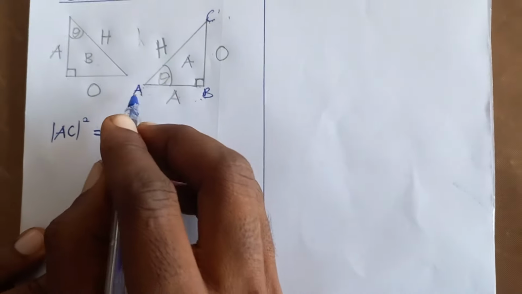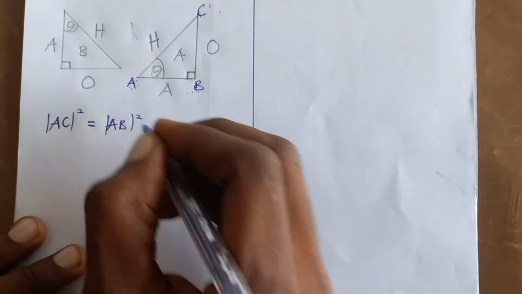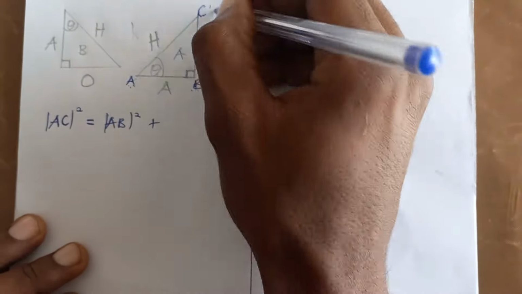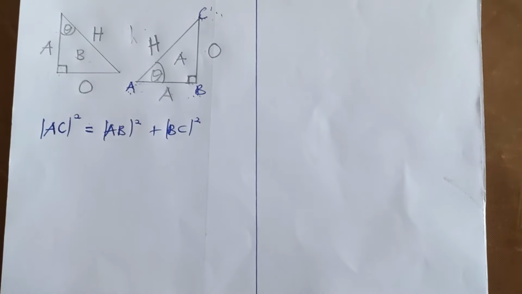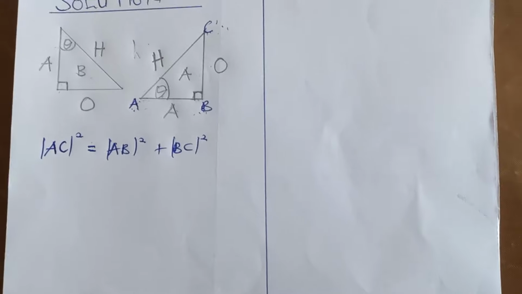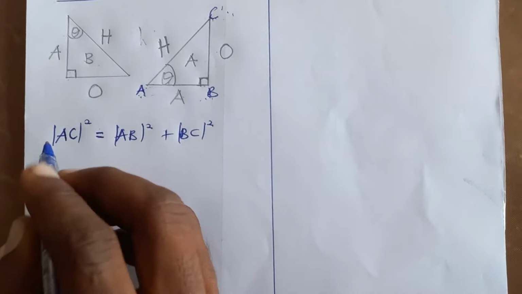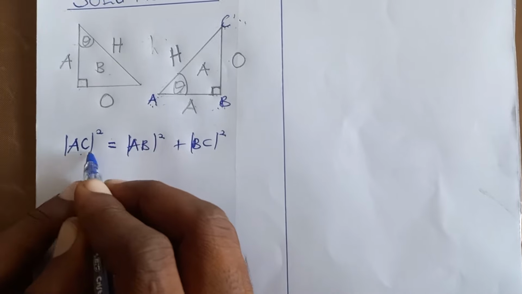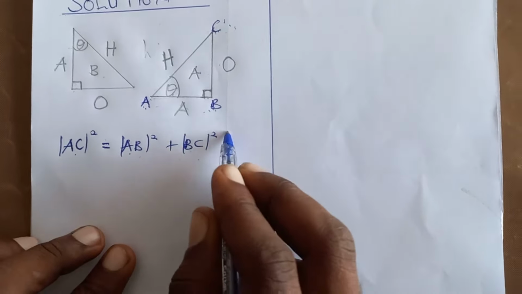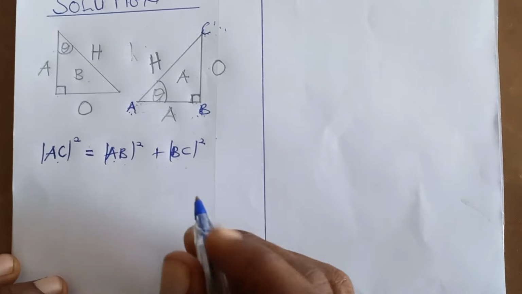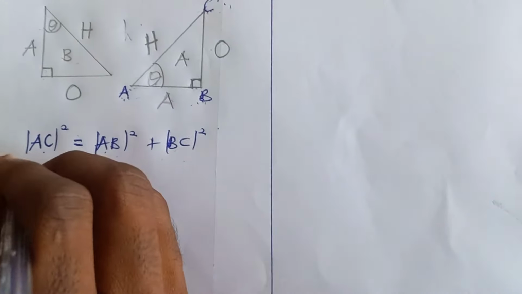So we say that AB squared plus BC squared. And they did, and everything was correct. So we are having length AC squared, which is equal to AB squared plus BC squared. We called it Pythagoras theorem. Okay, so this becomes our Pythagoras theorem.